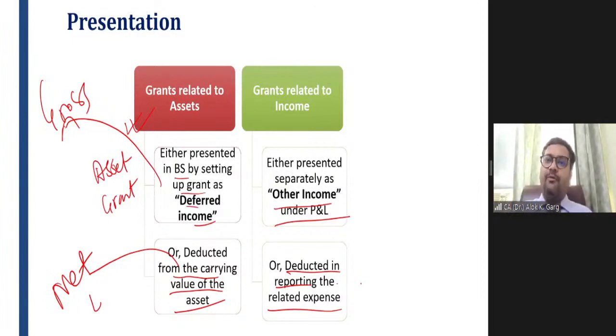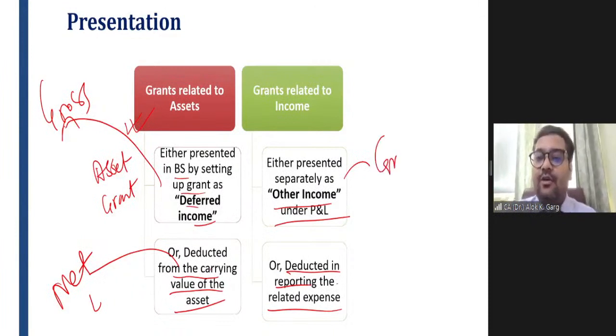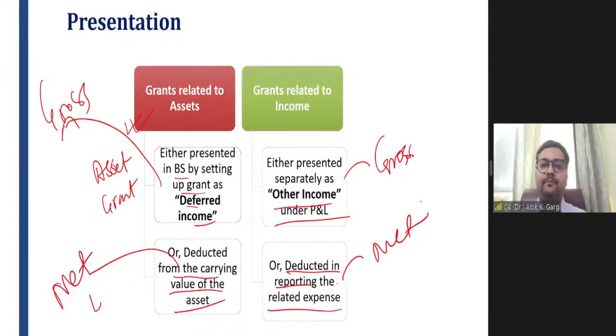So 45 lakh rupees as an expense. The second one is the Max Hospital can reduce the expense to zero. 45 lakh minus 50 lakh, negative 5 lakh. So this negative 5 lakh will go to other income, but the expense will be shown at zero value. Again, it is known as a gross approach. It is known as a net approach.